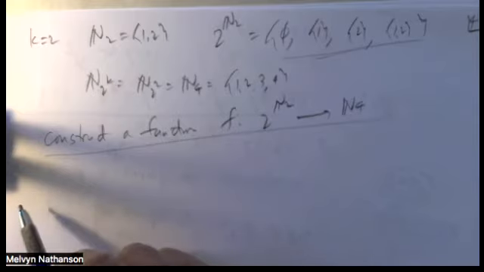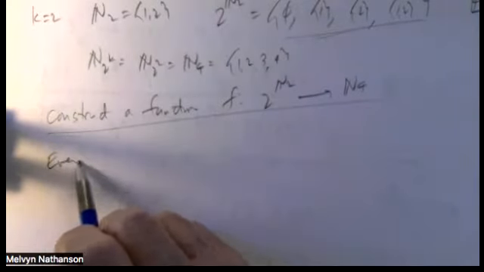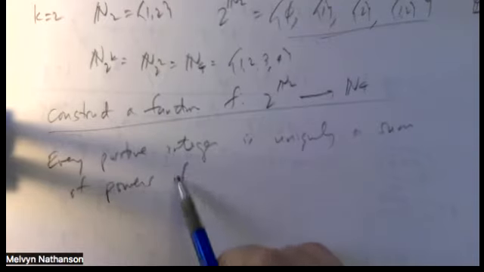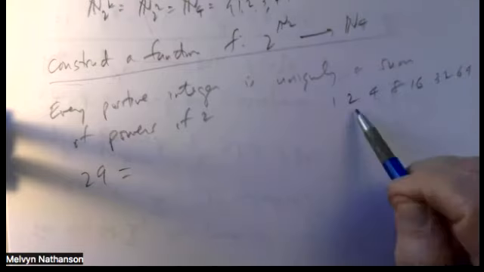In arithmetic, one can show that every positive integer is a unique sum of powers of 2. Like, take an integer, I don't know, 29. What are the powers of 2? 1, 2, 4, 8, 16, 32, 64, and so forth.